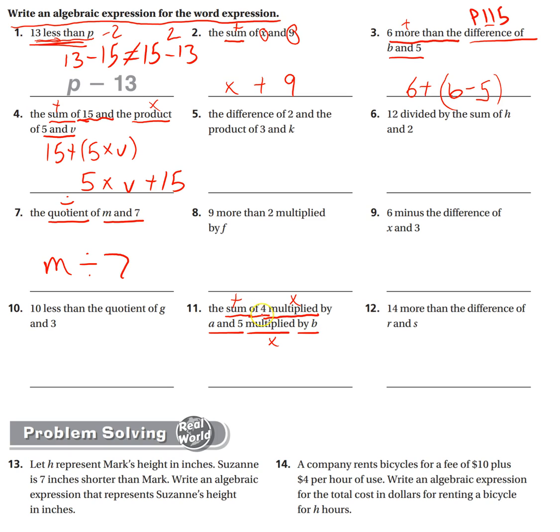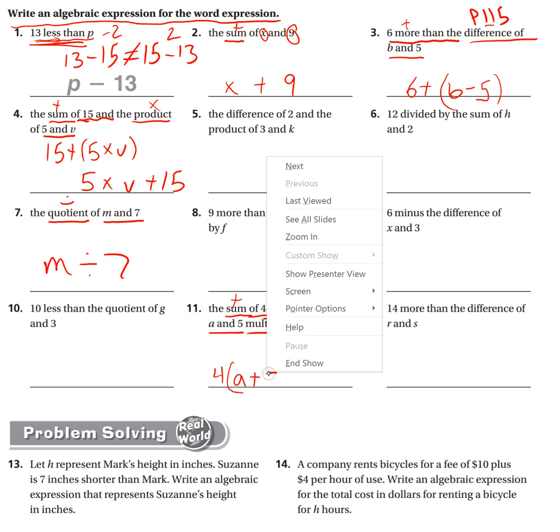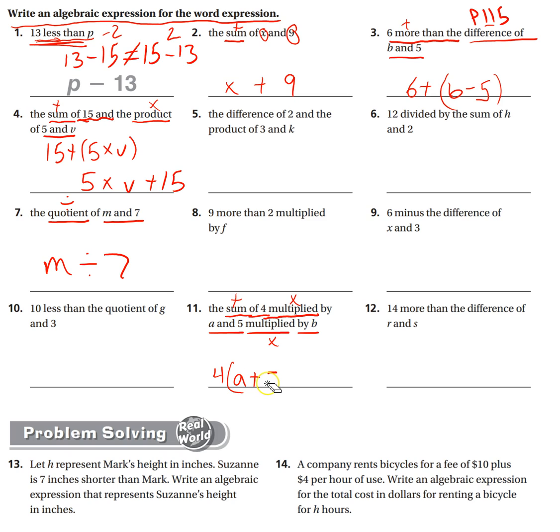So I want to add the sum of 4 multiplied by A and 5, let's see, do I want to use an addition sign there?